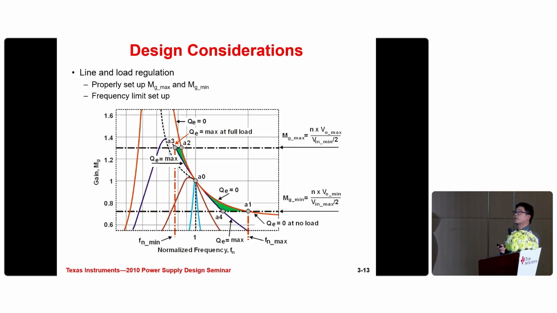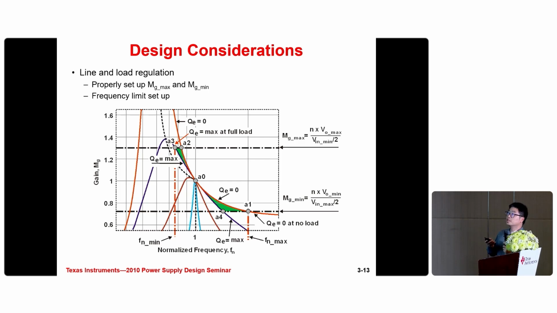For line and load regulation, we should properly set up the maximum gain and the minimum gain. From these two equations, we can see that the maximum and minimum gain are related to the V-in voltage, the V-out voltage, and also the turn ratio of the transformer.